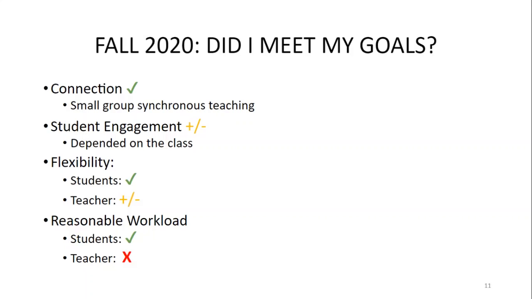So in terms of flexibility, I think the students were satisfied. But for me, it wasn't as good, because when you do small group work, the students only have to meet with you maybe 25% of the time, but you end up being there most of the time synchronously, right? So it's a lot of time synchronous for the teacher.